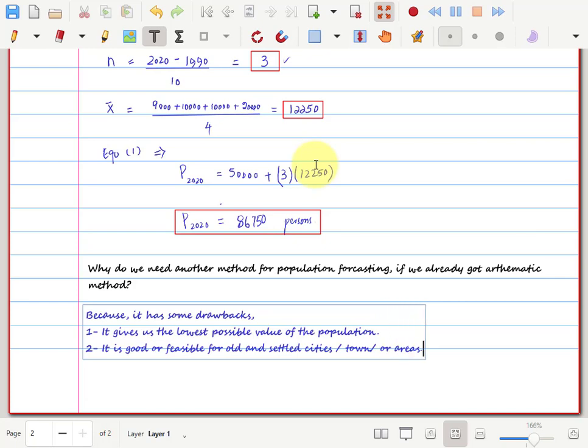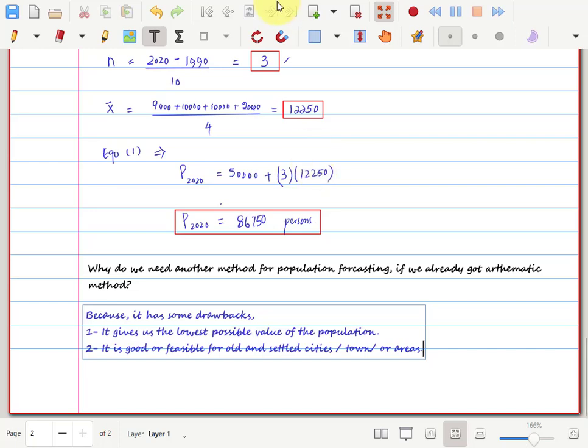For cities which are already settled, you can use the arithmetic method to do the population forecasting. But if the cities are not settled, then this method is not going to be valid, and it is not going to give you the closest value of the future population.